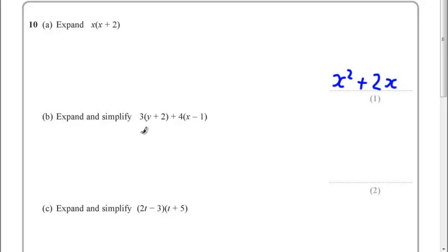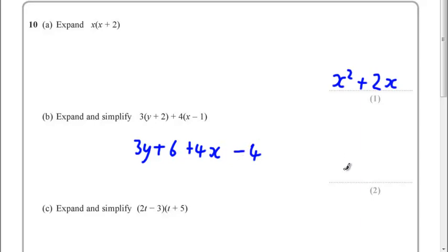Expand and simplify. We'll expand it here again. 3 times y, 3y. 3 times 2, 6. It's positive. This one, 4 times x, 4x. It's positive. And this one, 4 times minus 1, well, it's 4, and it's a positive times a negative, so it's negative.